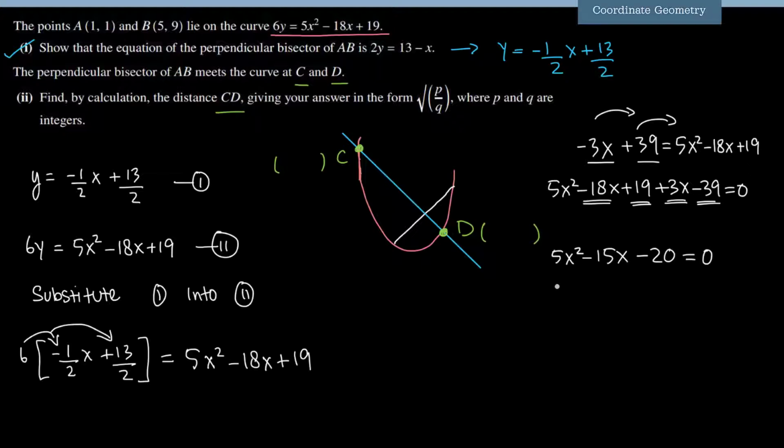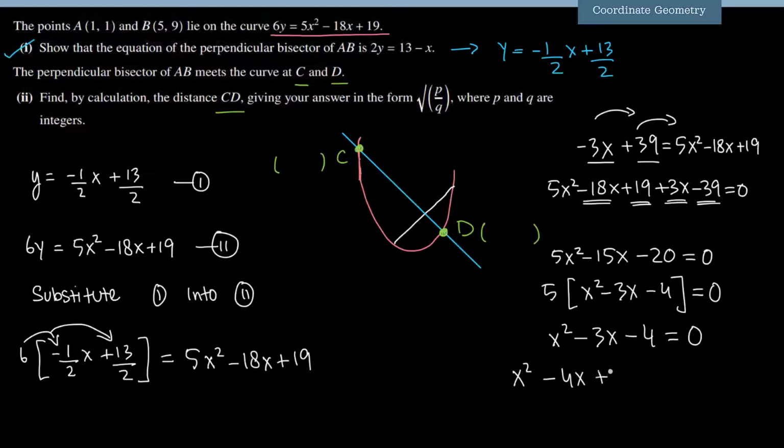In this equation, if I take 5 common, I'll get x square minus 3x minus 4 is equal to 0. Now I'm going to solve this quadratic equation by breaking the middle term, and that would give me x square minus 4x plus x minus 4 is equal to 0.